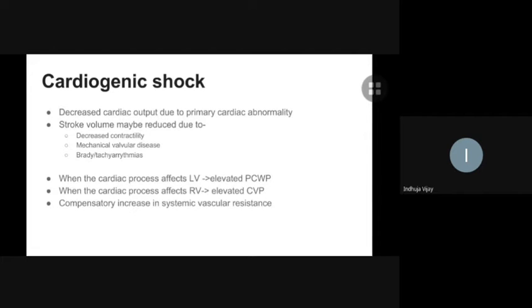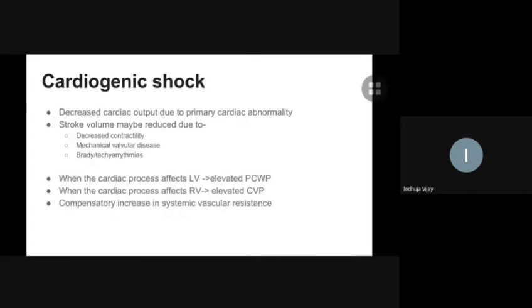If the cardiac process affects the left ventricle, there will be an elevated pulmonary capillary wedge pressure. And when the cardiac process affects the right ventricle, there will be an elevated central venous pressure, elevated JVP, which you can see. And in cardiogenic shock, there will be a compensatory increase in systemic vascular resistance.